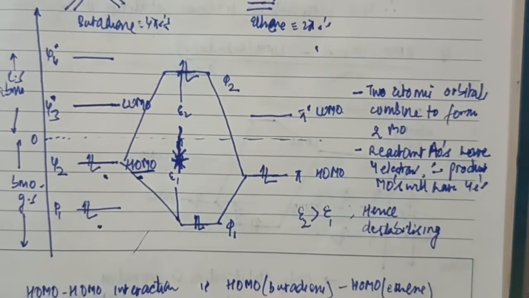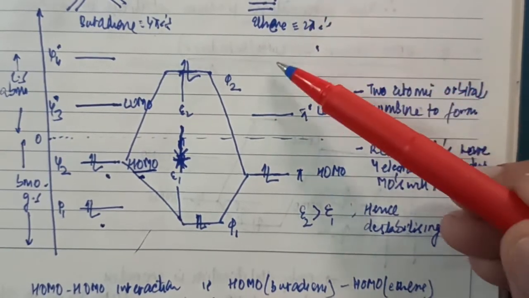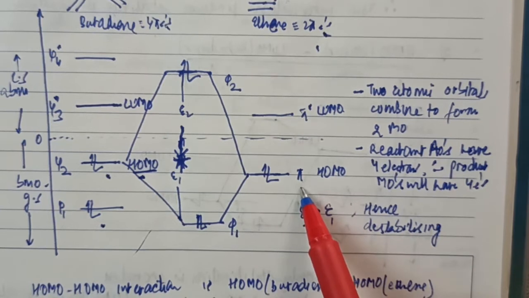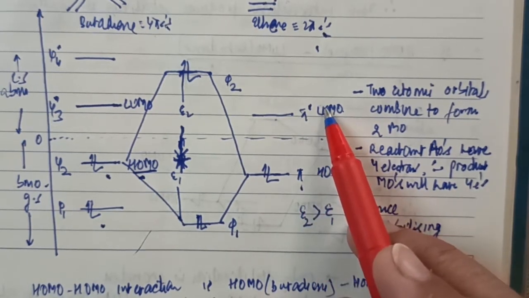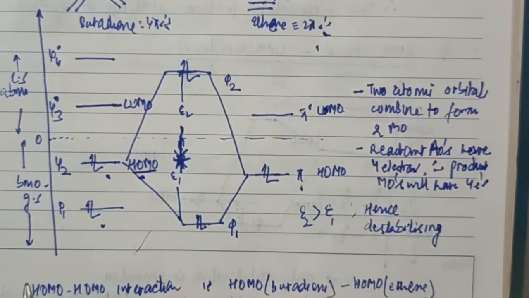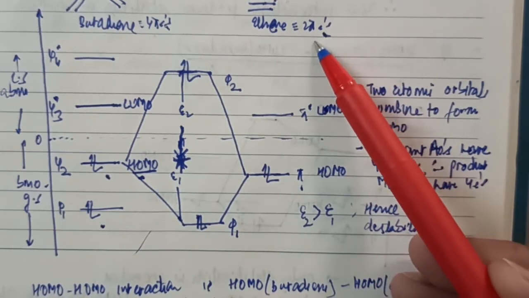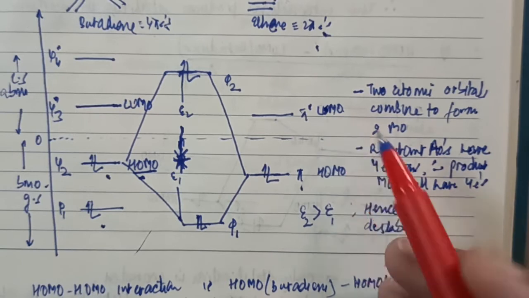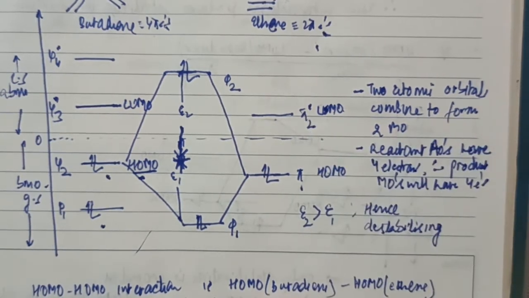Now let's talk about the dienophile system, the ethene molecule. The ethene molecule had 2 pi electrons, 2 molecular orbitals are possible. One is pi, the other one is pi star. Now, since I have to place 2 electrons, the first 2 electrons will go to pi1, and pi2 star will be empty in nature.